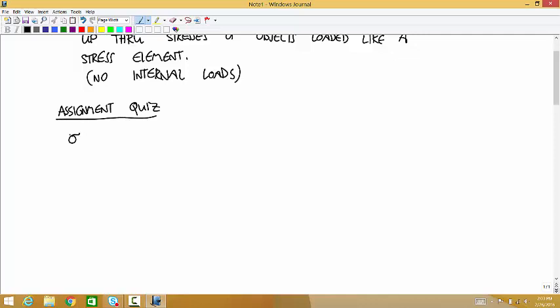Okay, so you had this stress tensor: 5, 10, 0, 10, negative 5, 0, 0, 0, 0. And you need to figure out the deformations that would occur.